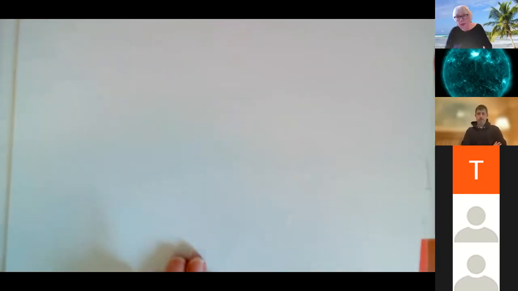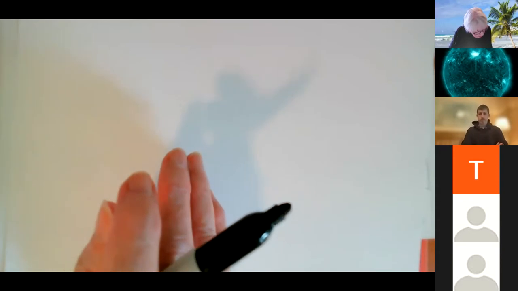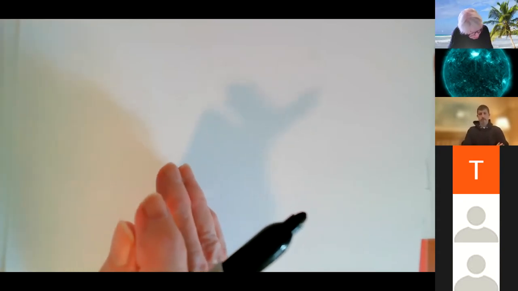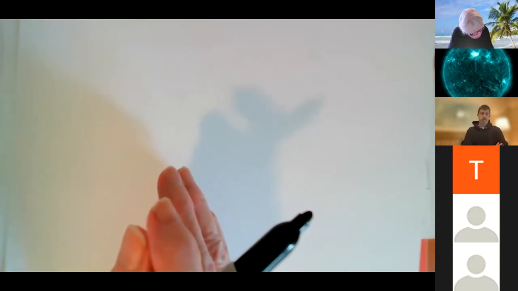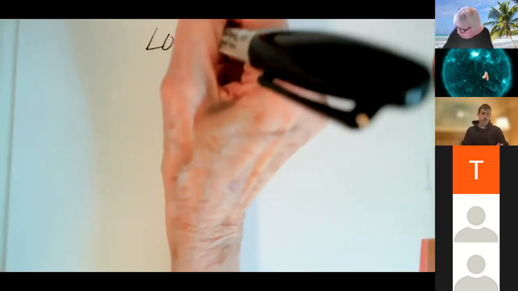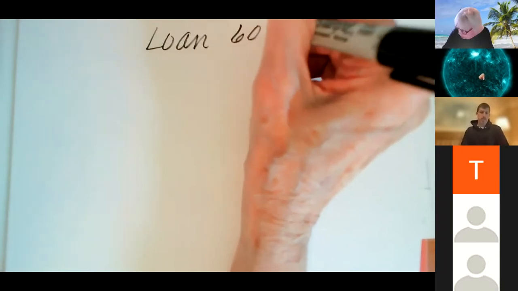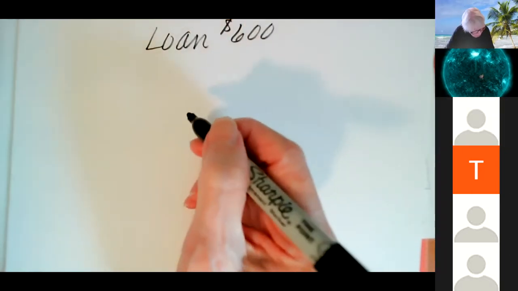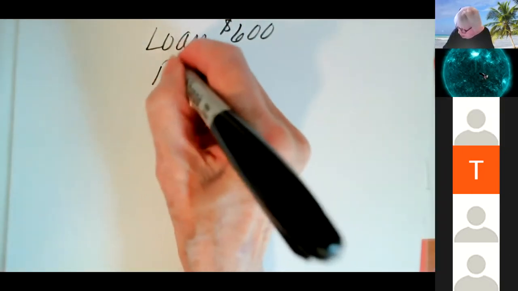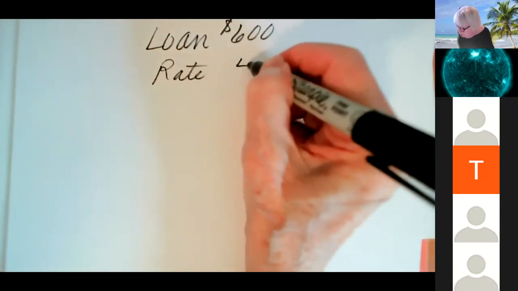Now, there's a funny thing that they sometimes do, and I'm going to show you the funny thing. A student takes out an emergency loan for tuition, books, and so on. The loan is $600. The interest rate is 4%.